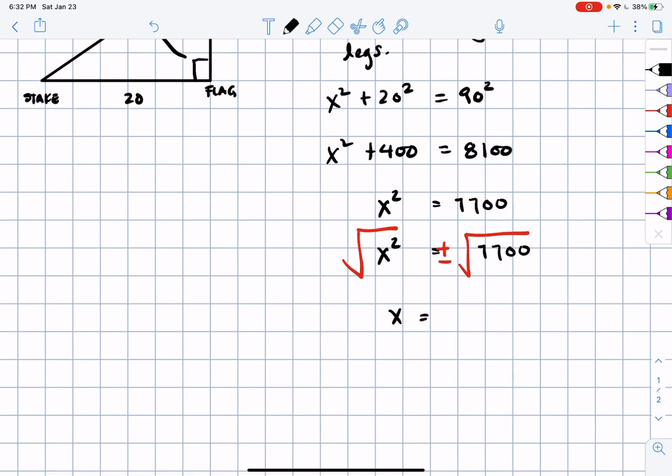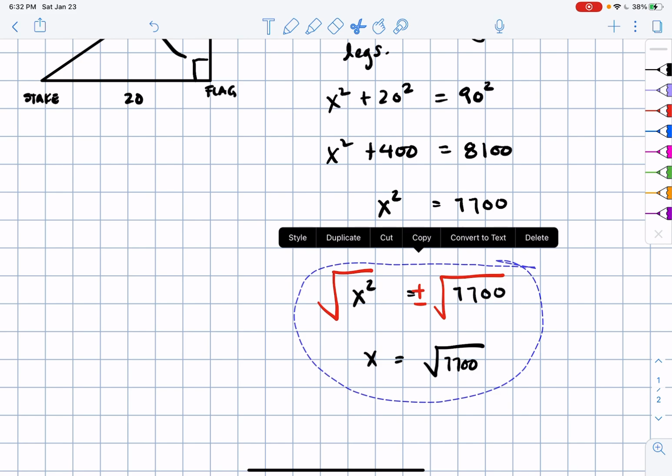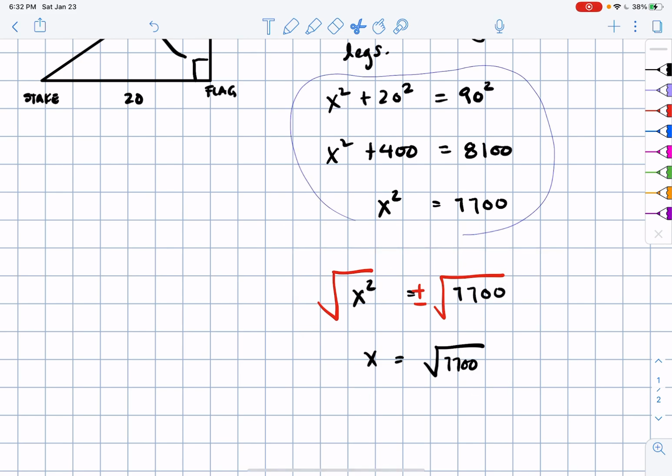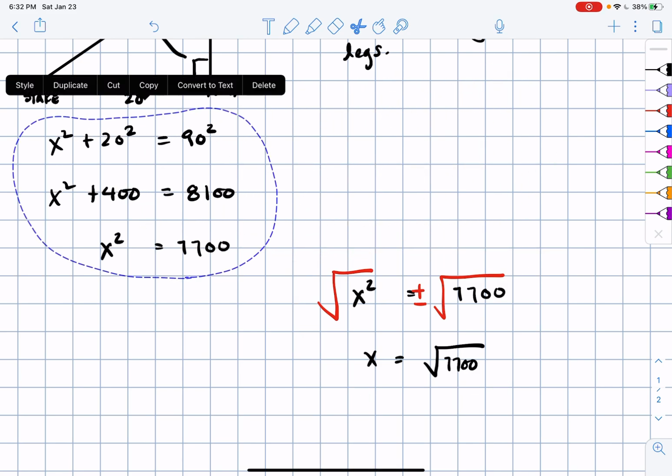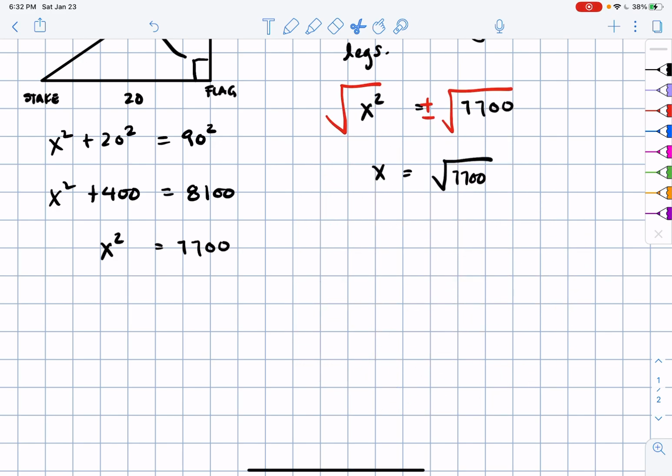So we're only looking at the positive side of this. If I was to break down 7,700, actually, you know what I'm going to do? No. Let's not go right to left like Chinese reading. Let's go this way.